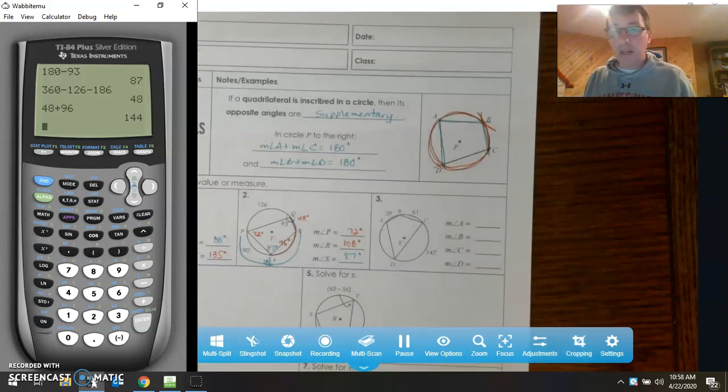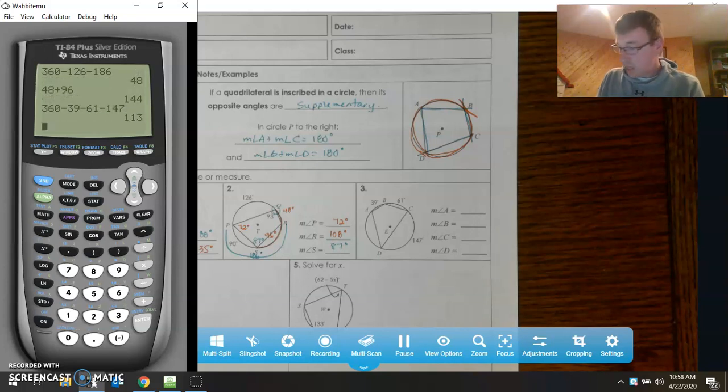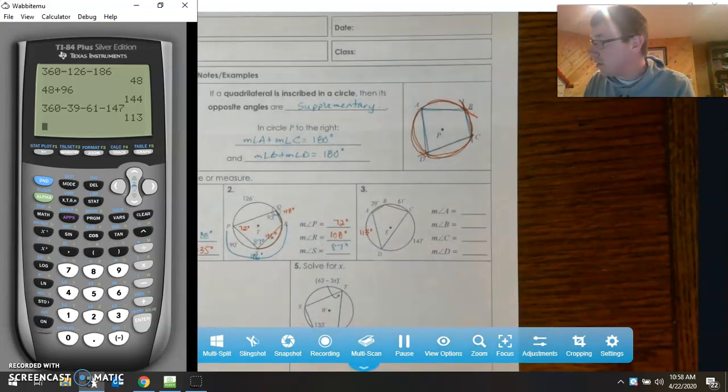Now number 3 says arc AB is 39, arc BC is 61, and arc CD is 147. So if I take 360 and subtract 39, 61, and 147, I know this arc over here is going to be 113 degrees.